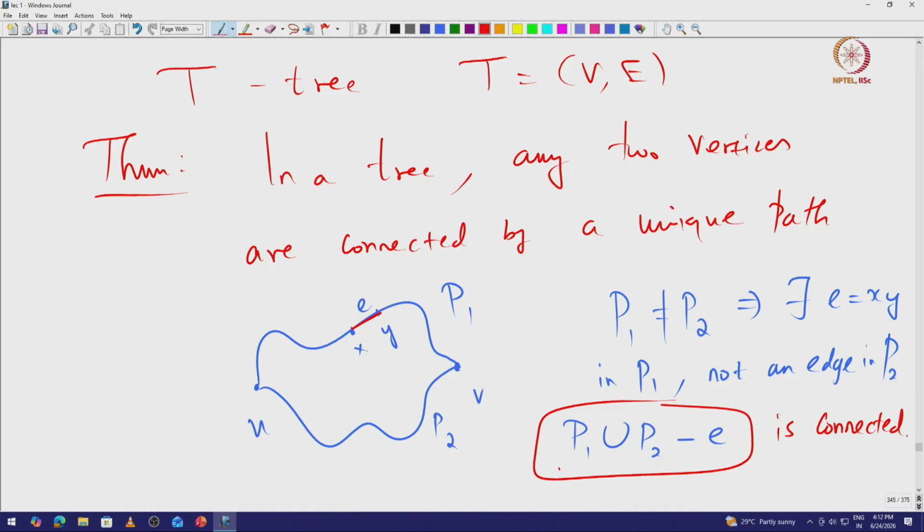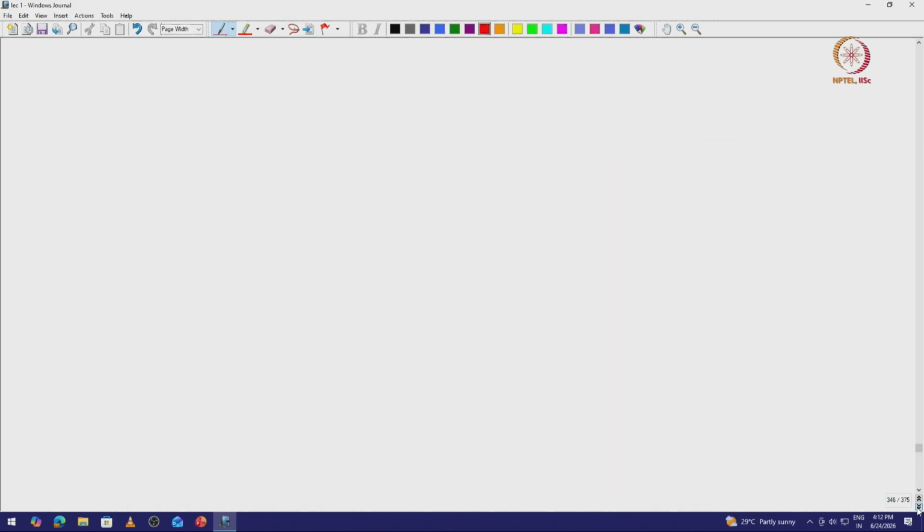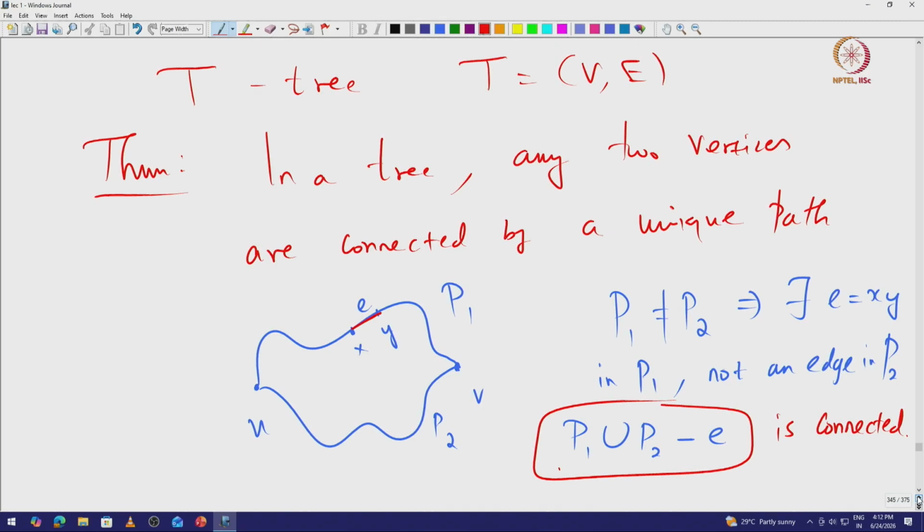It therefore contains a path xy inside P1 union P2 minus E. The diagram is a little bit misleading, because I have drawn P1 and P2 as disjoint paths having only U and V as common vertices.